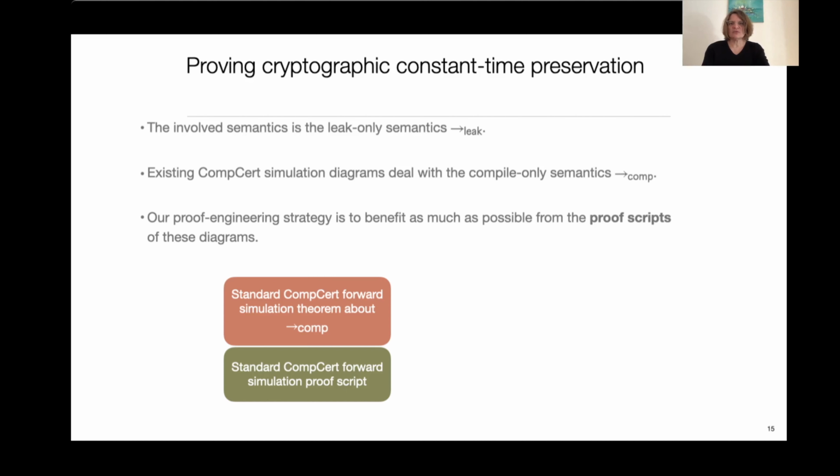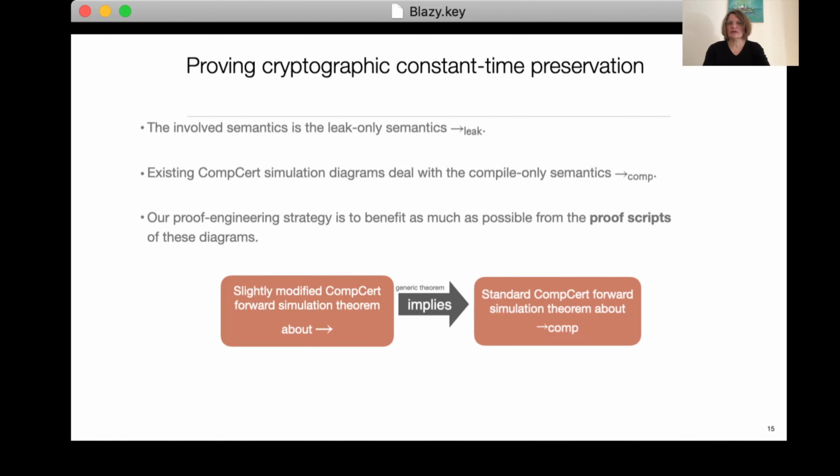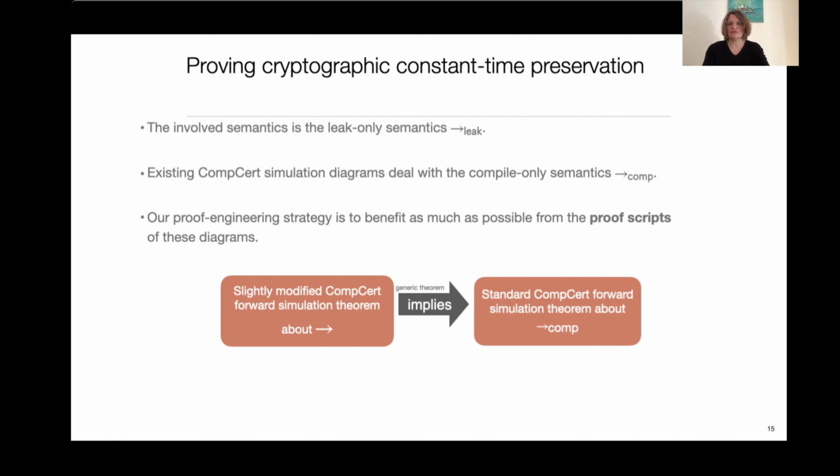We slightly modify the diagram in different ways that I will explain later. But during this modification, we make sure that this modification still implies the previous diagram for the compile-only semantics, so that we will be able to reuse the existing lemma for CompCert correctness. So this theorem is a generic theorem. We prove it only once for all and not for any language.